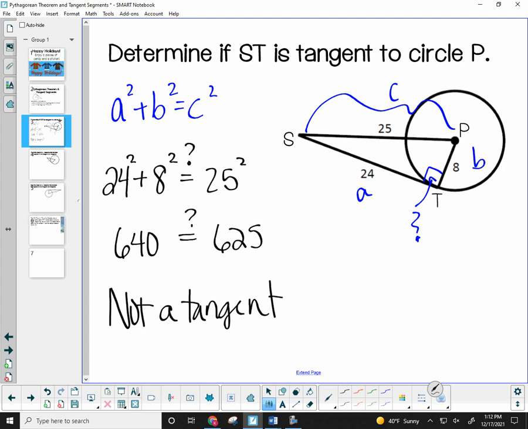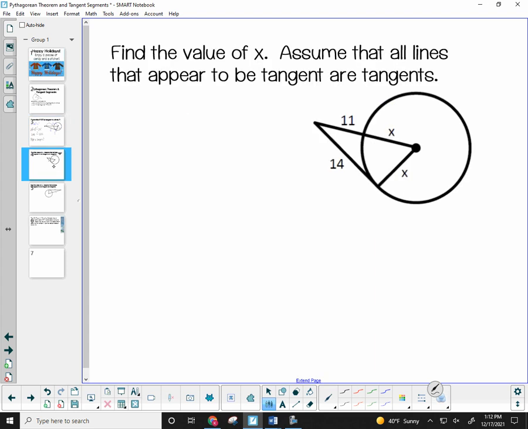All right, continuing on with the Pythagorean theorem idea. We want to solve for x in this figure here. We want to assume that all lines that appear to be a tangent are actually tangents. Keeping in mind that my radius and my tangent form a 90-degree angle, that has to be my right angle. Which part has to be C?